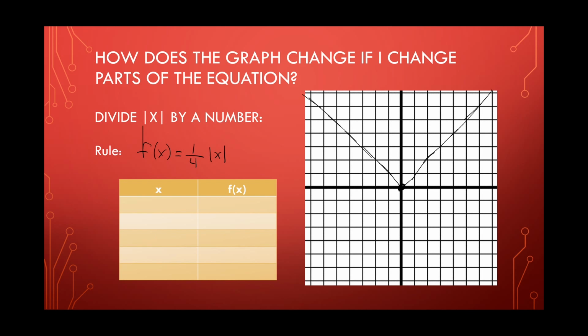So if I'm cutting it by 4, I'm shrinking it by 4. So what was 4 is now going to become 4 divided by 4, 1.